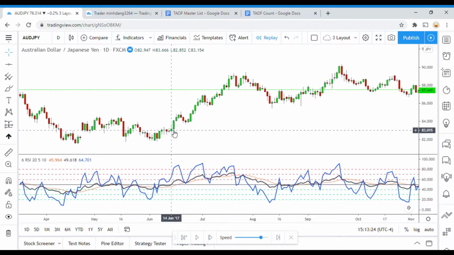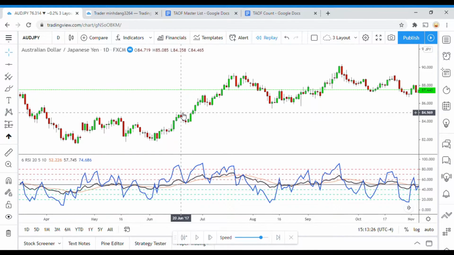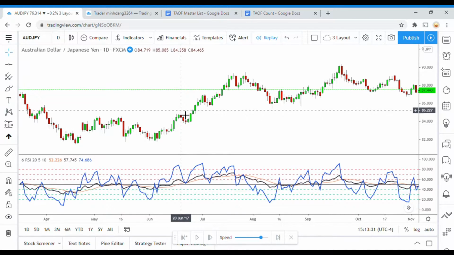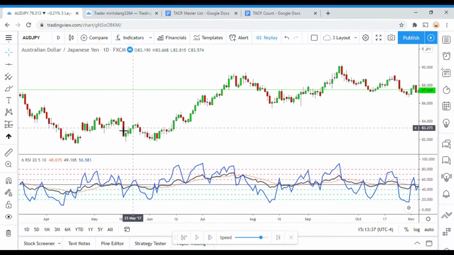And so you can see here how it took off and broke out. Now, of course, if you were only seeing it from where my cursor is back, you don't really know what this thing's going to do.